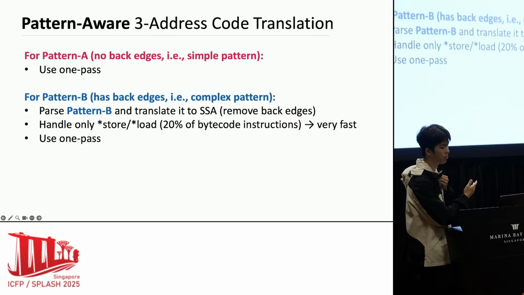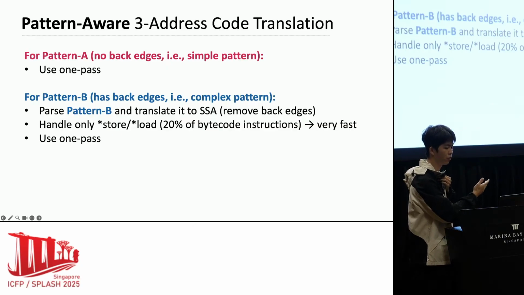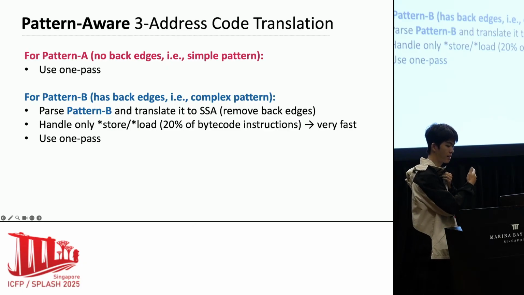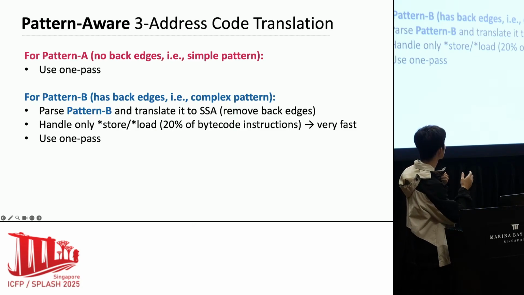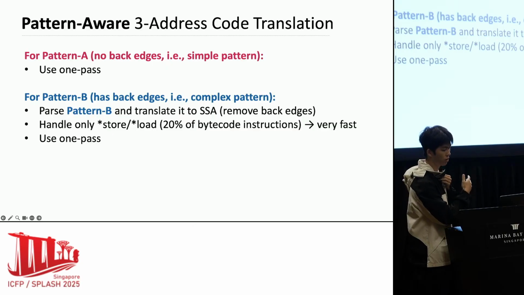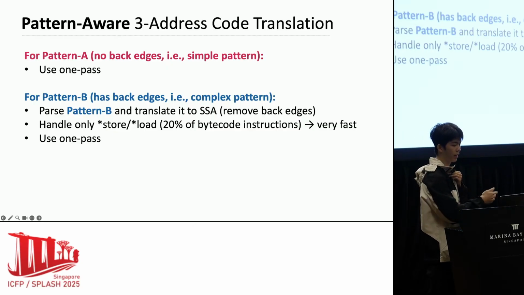For pattern B, which may have back edges, we handle this by inserting phi nodes to translate it into SSA form, which removes the back edges. We use the standard SSA algorithm. In this process, we only need to handle about 20% of bytecode instructions, so it's very fast. After removing these back edges, we can use the one pass again.